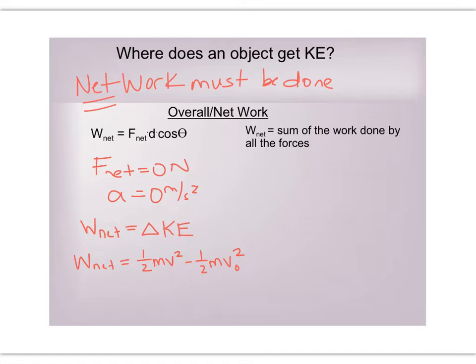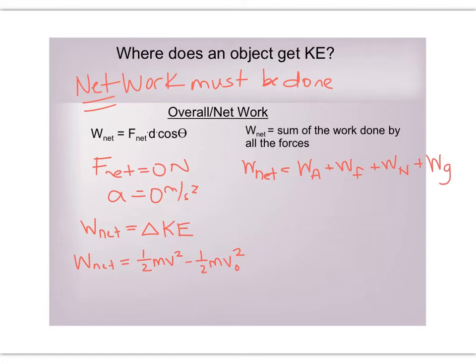Now, that's not the only way to find the net work done on an object. The other way is to simply add up all the works done by all the different forces. So let's say that there's an applied force acting on an object, and there's friction, and a normal force, and then there's gravity.